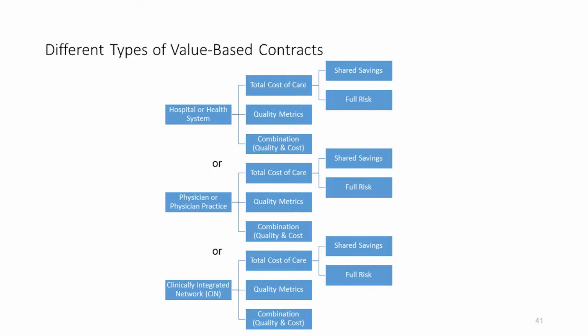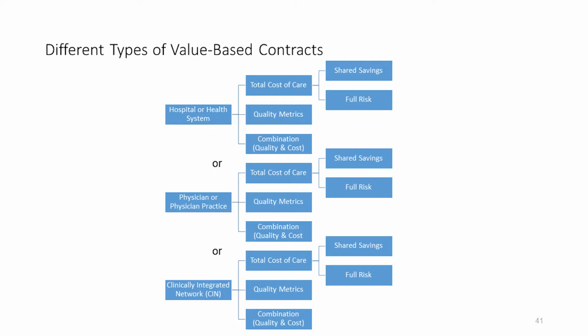Within that, you can really have three types of value-based contracts: total cost of care, shared savings versus full risk. Those are contract types in which the insurance company or the hospital may have a program in place that should reduce the total cost of care.